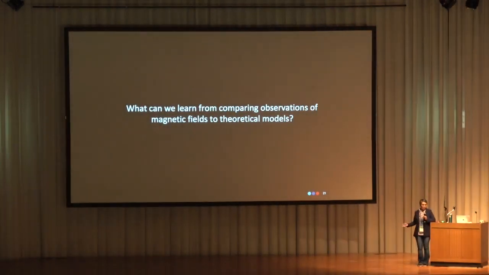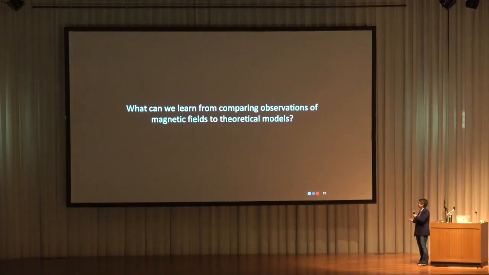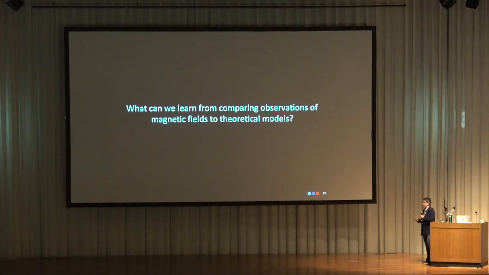So that begs the question, what are some of the astrophysical insights that we can begin to gain from these observations, comparing with, for example, the formation of the magnetic field in these regions?